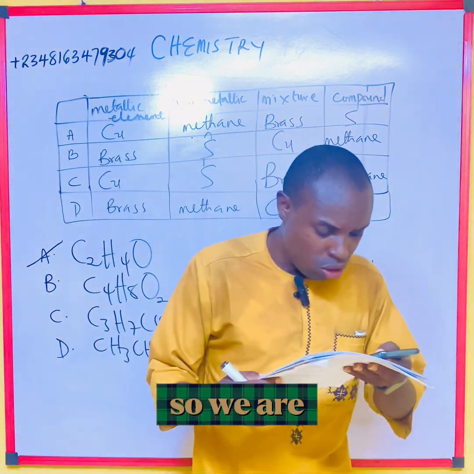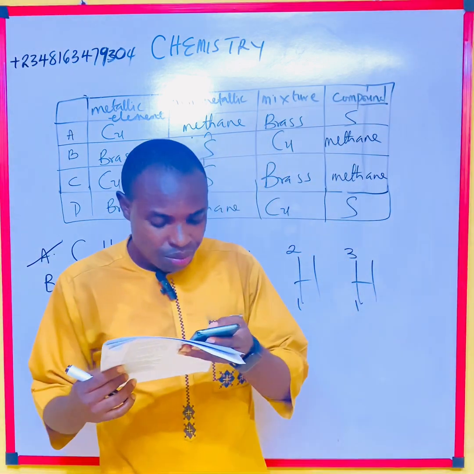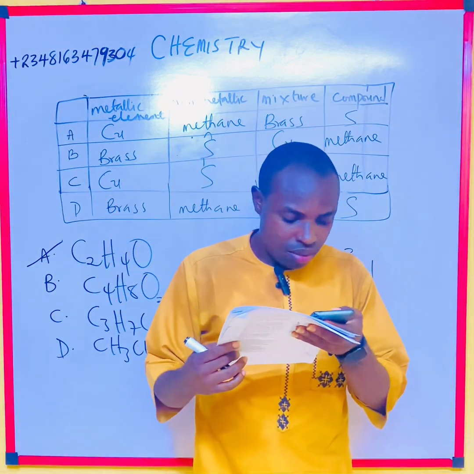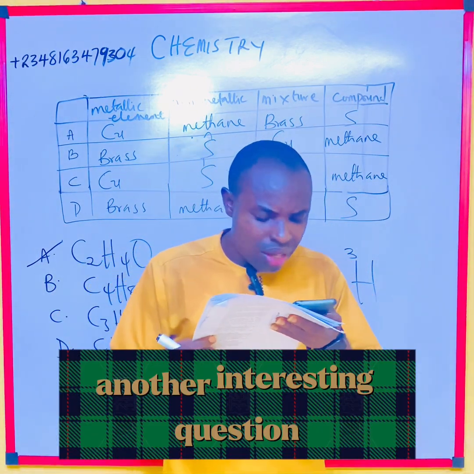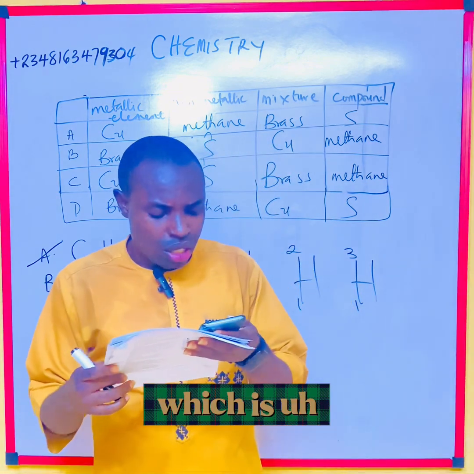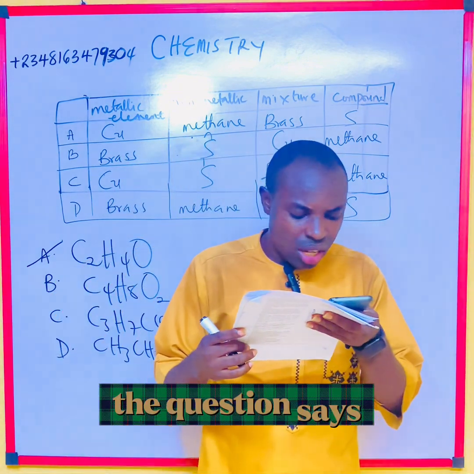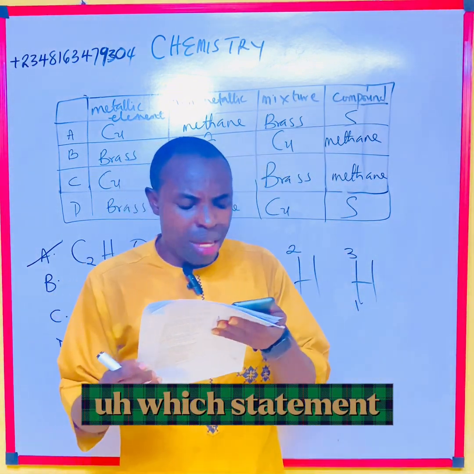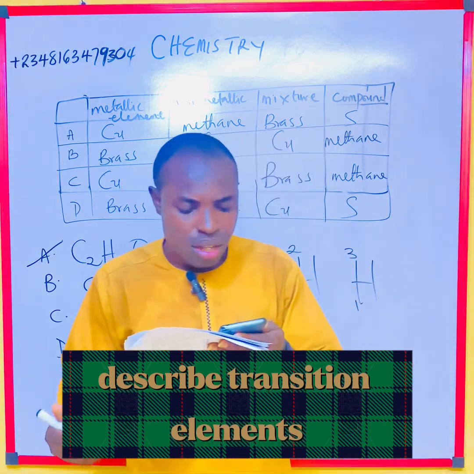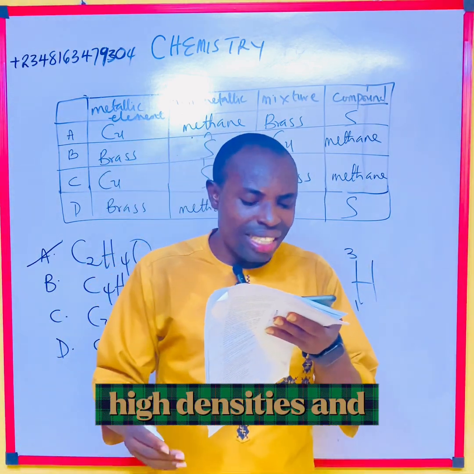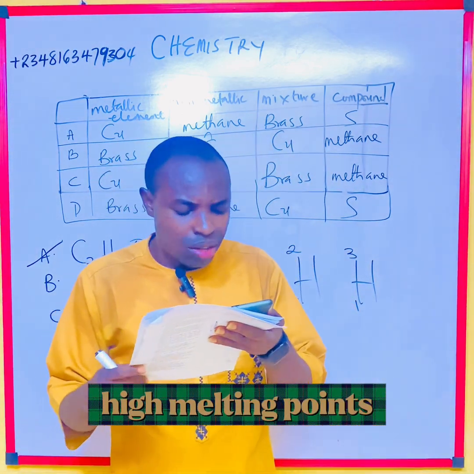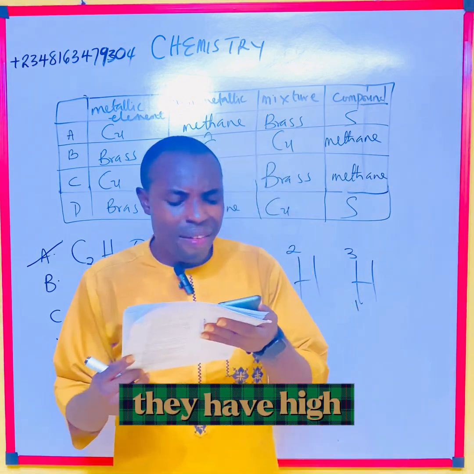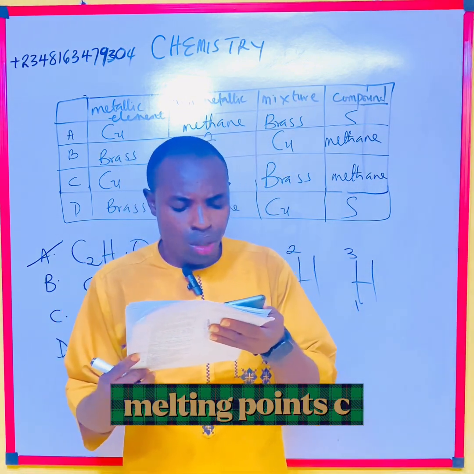So we continue, right? Now we have another interesting question here, which says, which statement describes transition elements? A, they have high densities and high melting points. B, they have high densities and low melting points.